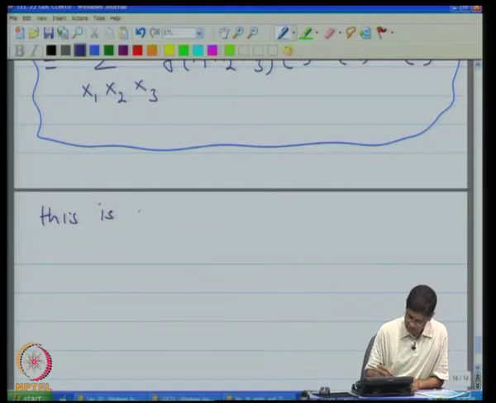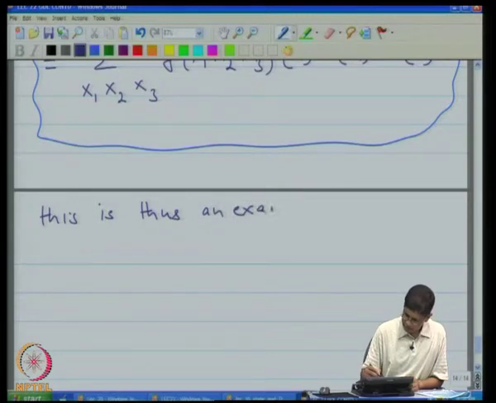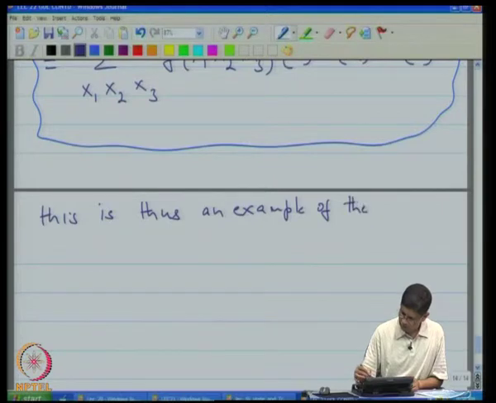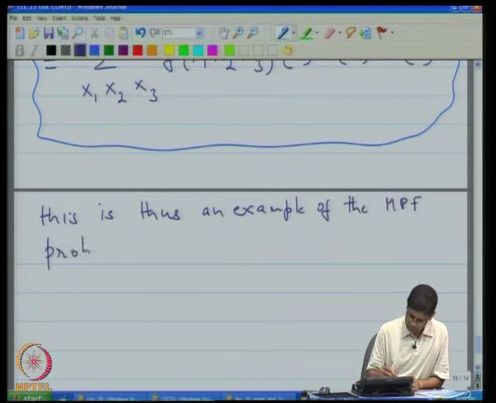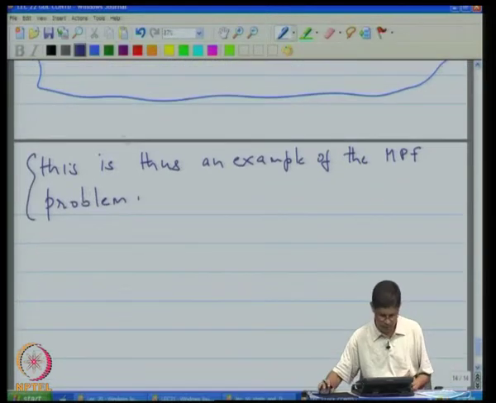This is thus an example of the MPF problem. So, how is it an example?